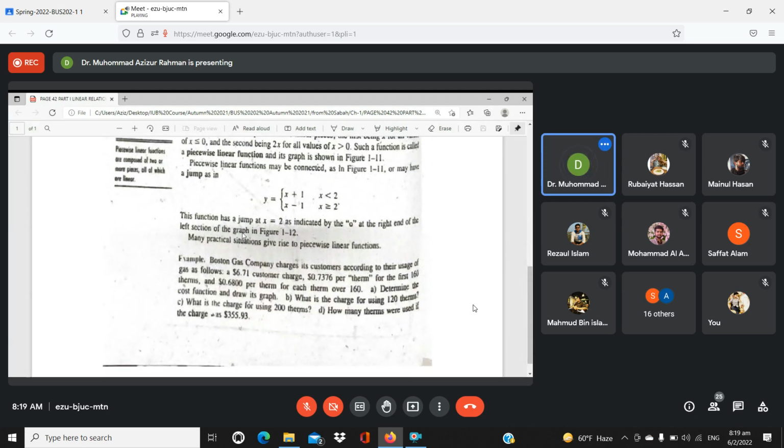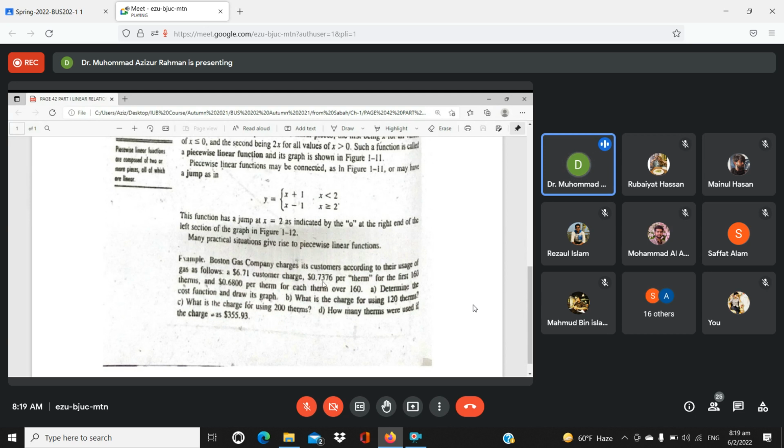For example, there is a problem. Example: Boston Gas Company charges its customers according to their usage of gas as follows. A $6.70 customer charge. This is the fixed charge.